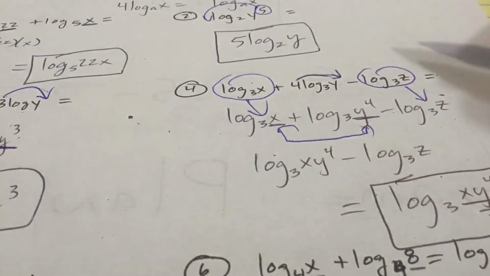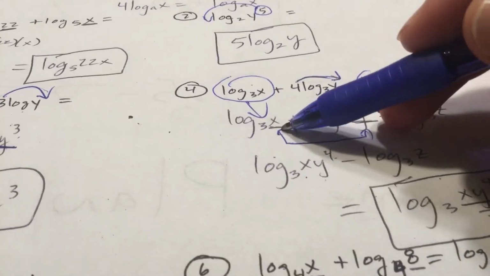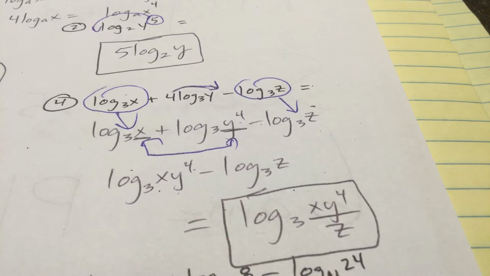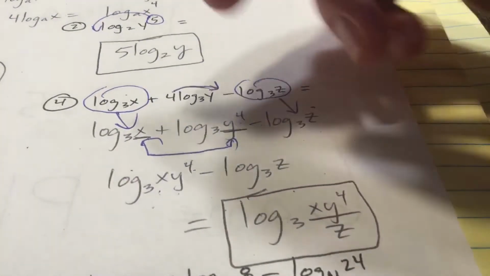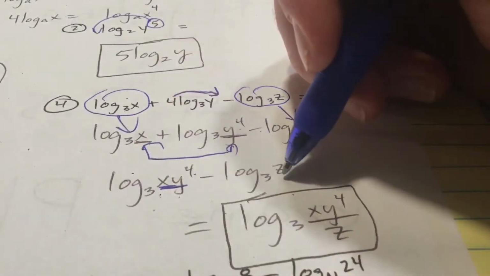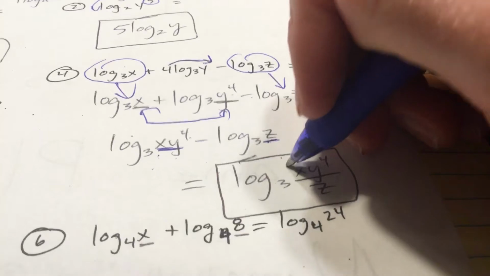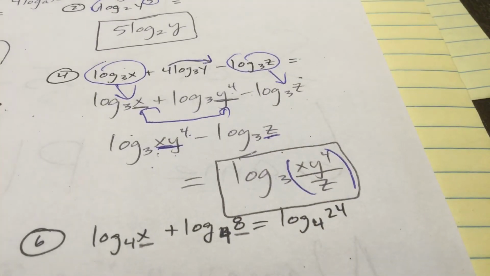That is the product property. Now it's log base 3 of x times y to the fourth, minus log base 3 of z. Now both those logarithms have the same base, so it's going to be x y to the fourth divided by z. Log base 3 of x times y to the fourth divided by z.